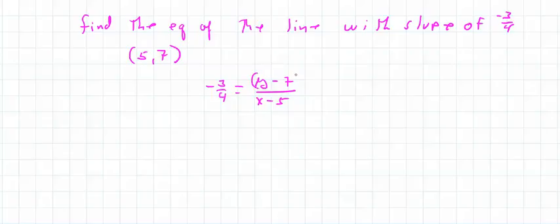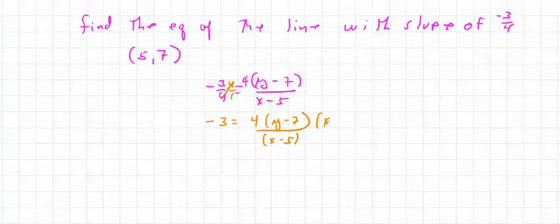I'm going to multiply both sides by 4. Notice the 4 is in front this time. Notice I use parentheses. And I'm going to put the 4 right here. It's really 4 over 1, so that's why I insist it be up top. And the 4's cancel. So I have negative 3 equals 4 times y minus 7 over x minus 5.